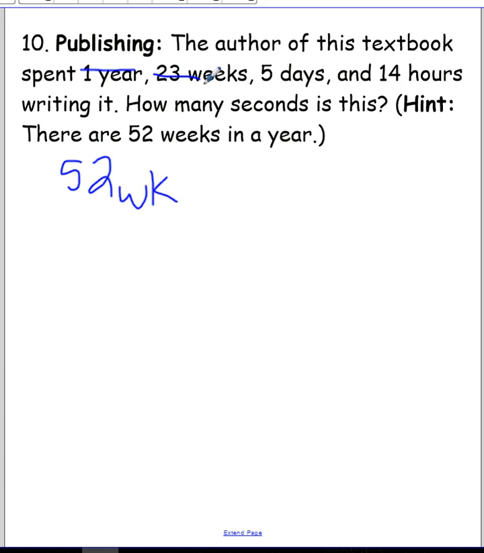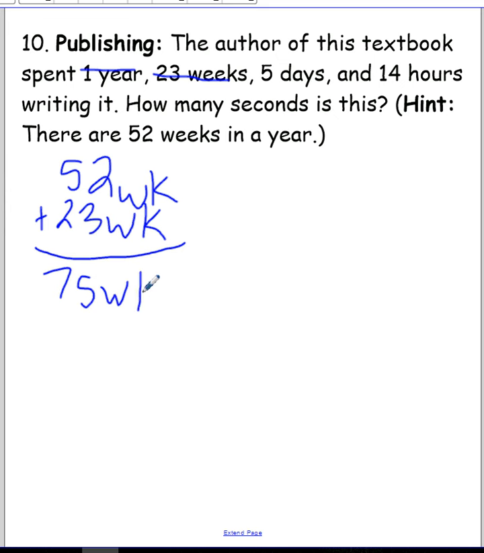And then let's add the 23 weeks onto that. And so when we add those together, we get 75 weeks so far. Now we have to add days to that. So there are 7 days per 1 week.